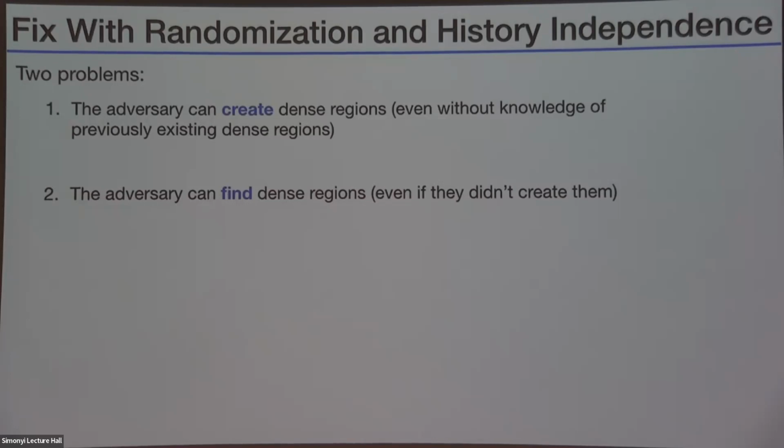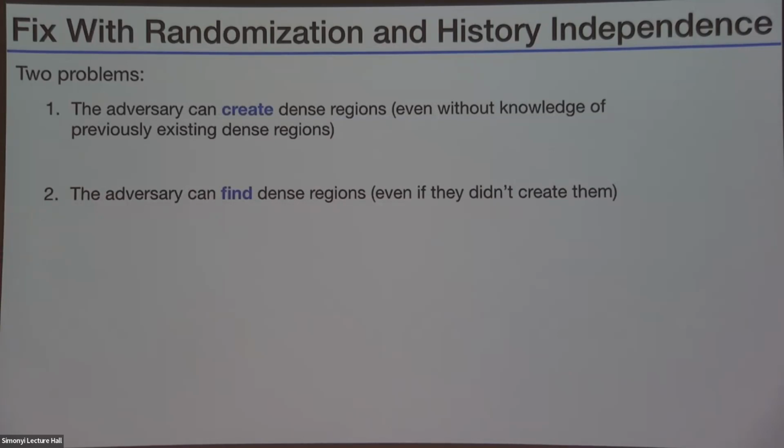One problem is that the adversary can actually create dense regions. If the adversary inserts over and over again at one particular region, and the algorithm does not do enough work in spreading that stuff out, then the adversary has some control over where the dense regions are in the first place.